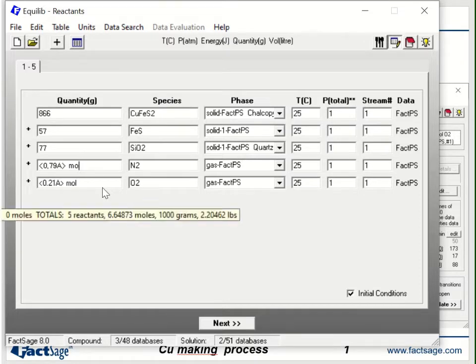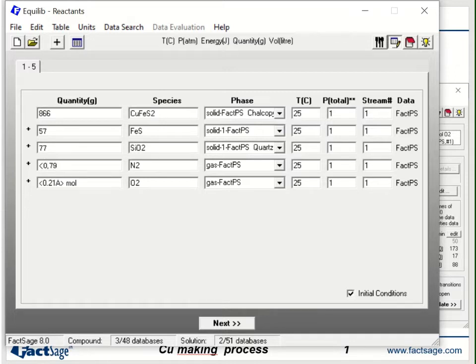So for example, I'm adding here 0.79 A. A is the variable, and anything inside of this bracket, you can use a linear equation of A. So 0.79 A or 0.79 minus 0.1 A, whatever it is, but it should be a linear equation of A, and then you can use A as a variable and change the value of your input.